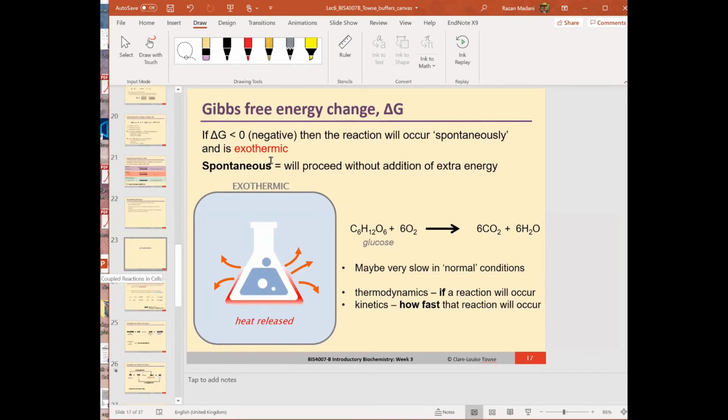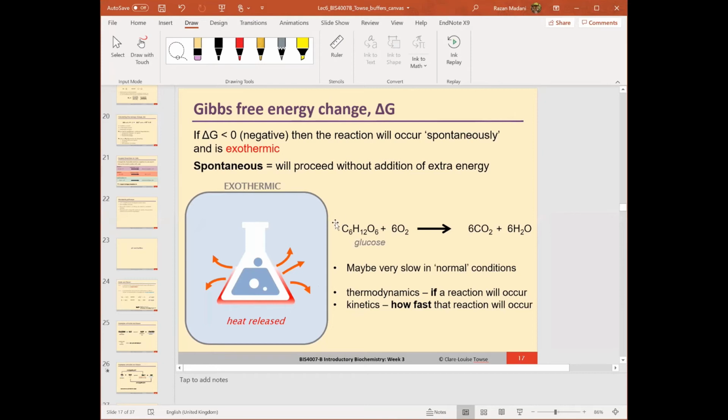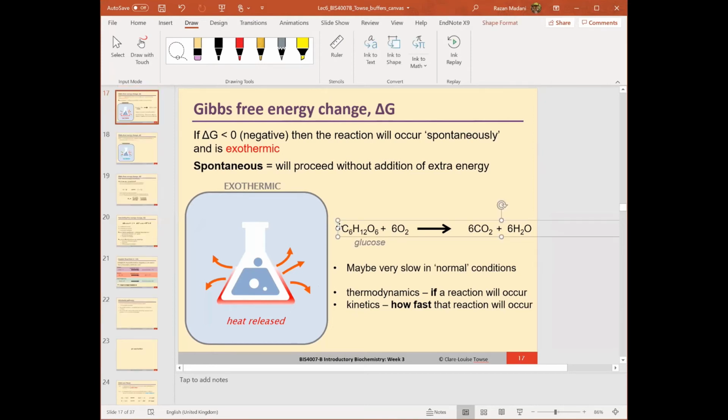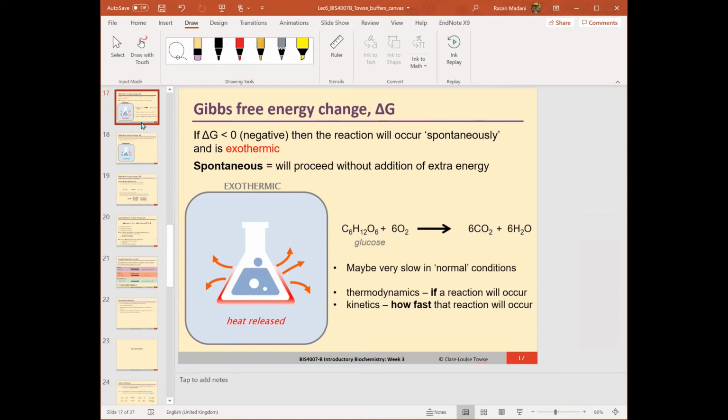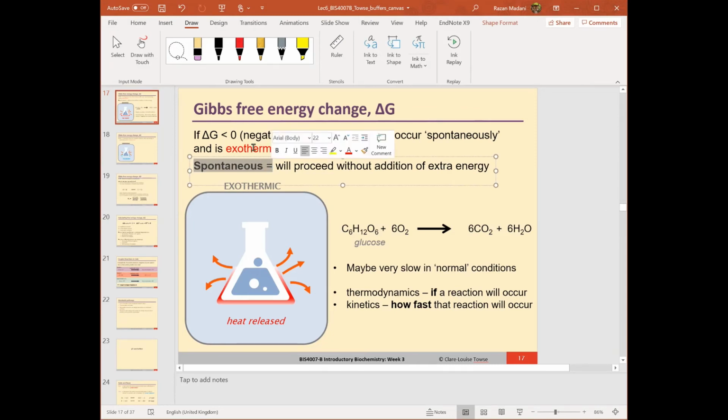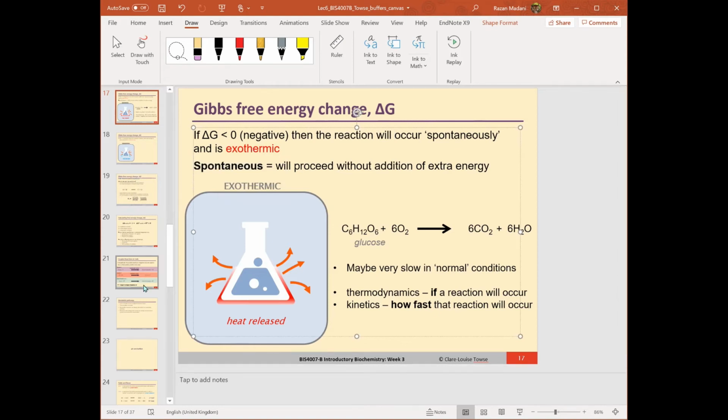Okay, so remember here we said glucose, this reaction is exothermic, right? But over there they said it is endothermic. Why do you think that is? Basically, if you read here, it says spontaneous. So spontaneously, without adding any energy, it will be exothermic.